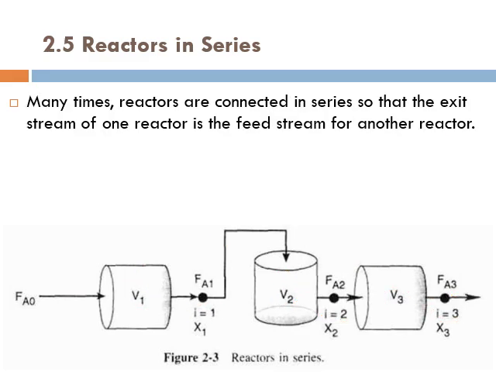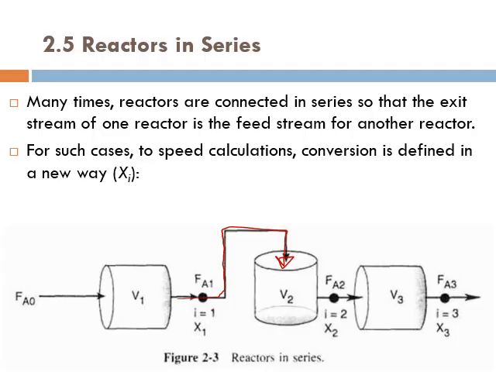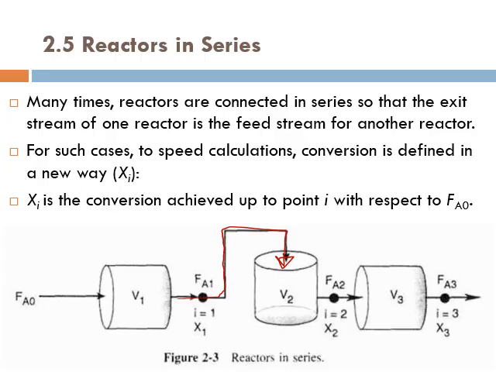Many times reactors are connected in series so that the exit stream of one reactor is the feed stream for another reactor. For such cases, to speed up calculation, conversion is defined in a new way, that is Xi. Xi is the conversion achieved up to point i with respect to the feed to the first reactor.